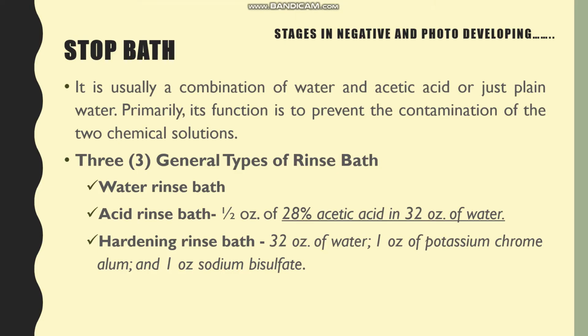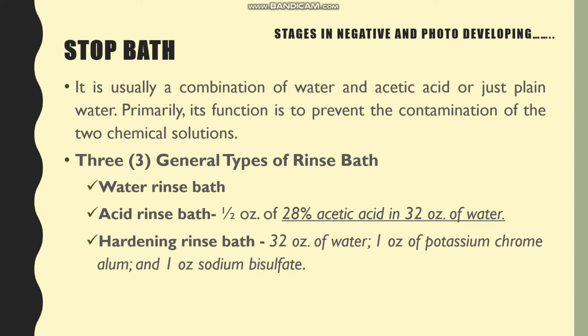So, to prevent the contamination, we have the stop bath as an intermediate bath, again, between the developer and then yung fixer na gagamitin natin after ng stop bath. Again, its function is to prevent the contamination of those two chemical solutions. Yung ginamit natin sa una, si developer and si fixer para hindi sila maglaban or hindi ma-contaminate yung ating film or yung ating photographic paper.